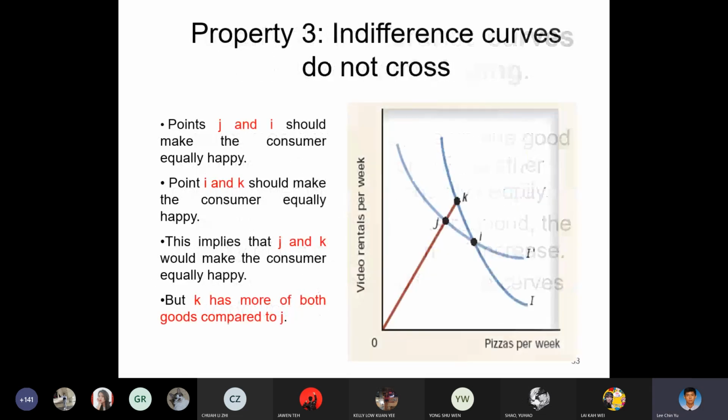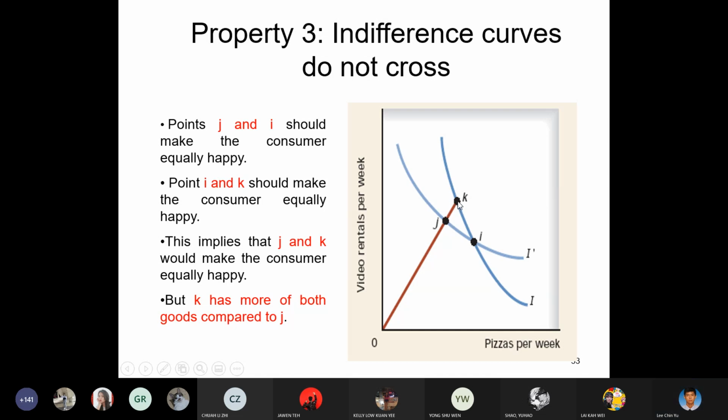Another property is that indifference curves do not cross. Again, you can see this is a line I just mentioned to you. Certain textbooks still draw this line to show that the indifference curve that is farther from the origin represents higher utility. You can see combinations J and K. From here you can see that more is better.